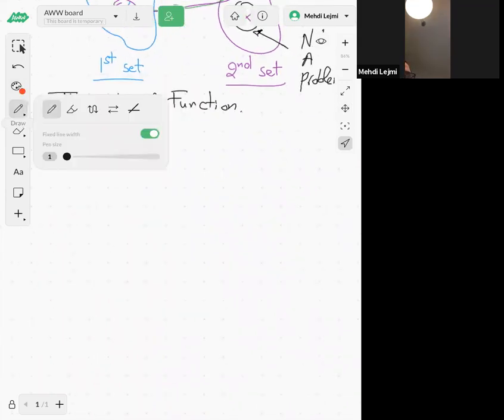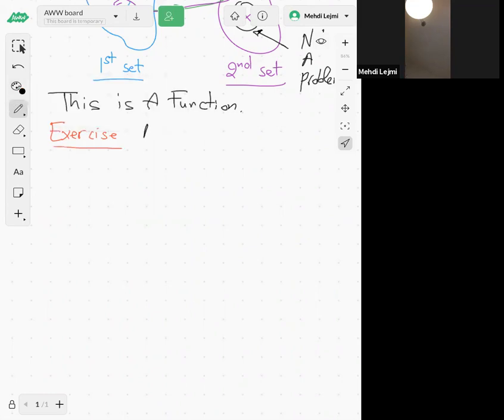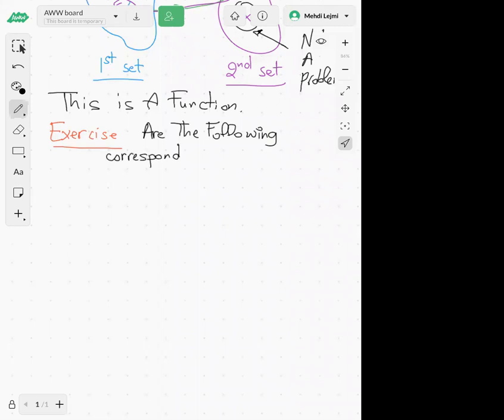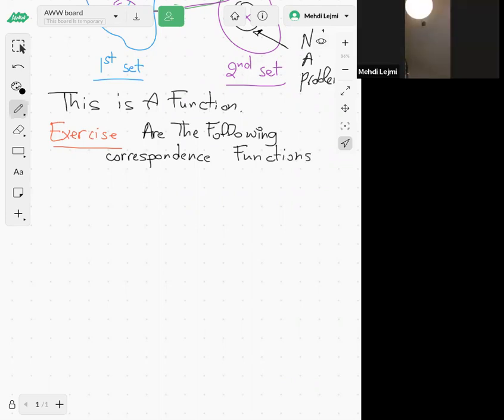So, exercise: are the following correspondences functions? And of course you have to justify your answer. All right, so here's my first correspondence, my second correspondence.